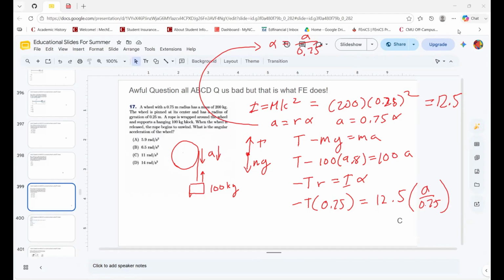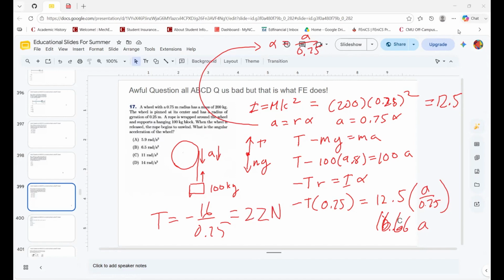So let me get my calculator out. 12.5 divided by 0.75 equals about 16.66 A. And then we can do T equals negative 16.66 divided by 0.75, so 22 newtons.